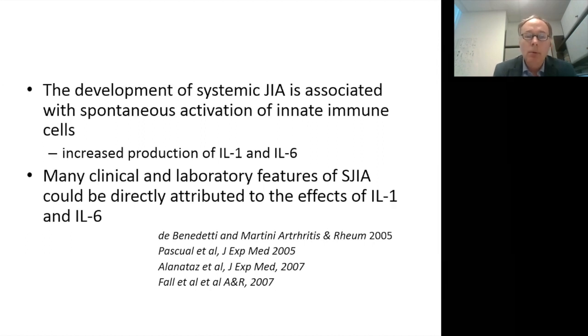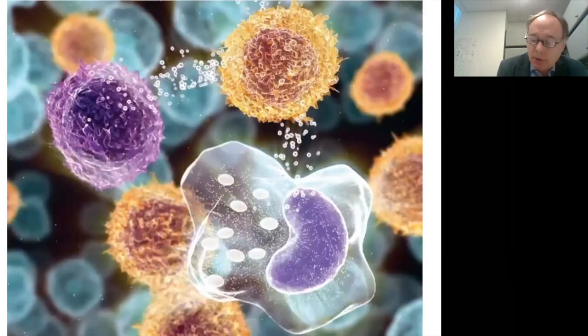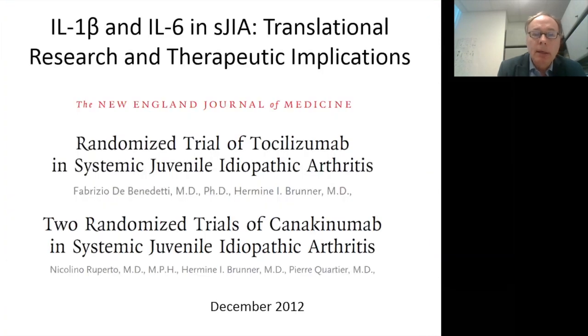In fact, if you think about the biology of these two cytokines, most of the clinical and laboratory features of systemic JIA could be directly attributed to their effects. Here I'm showing you that the immune cells in systemic JIA communicate with each other by sending those two cytokines, IL-1 beta and IL-6.